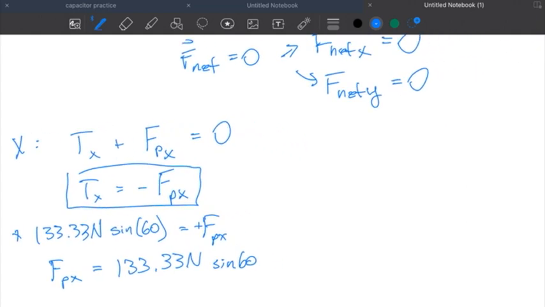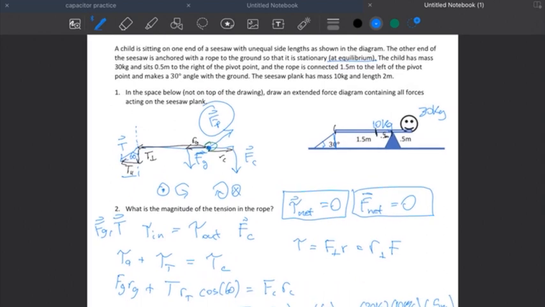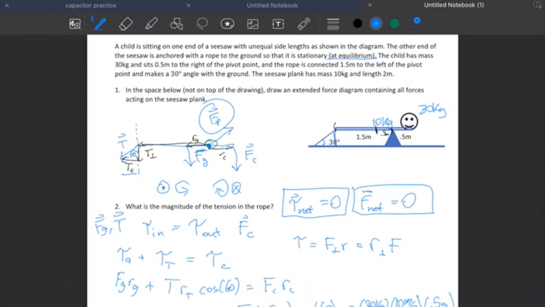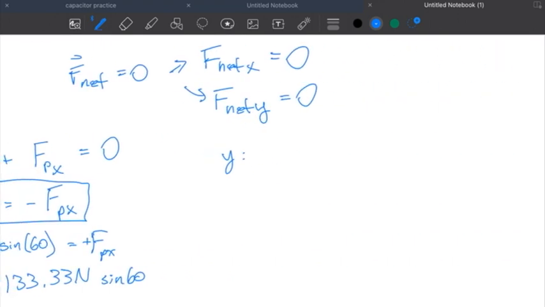Now for the y component, we have a lot more going on. All of these forces have a y component, right? The tension has T perpendicular that points down, and FG and FC both point down. And then F pivot has a y component that points up. So in the y direction, we'll have T perpendicular, or tension y, whatever we want to call it.